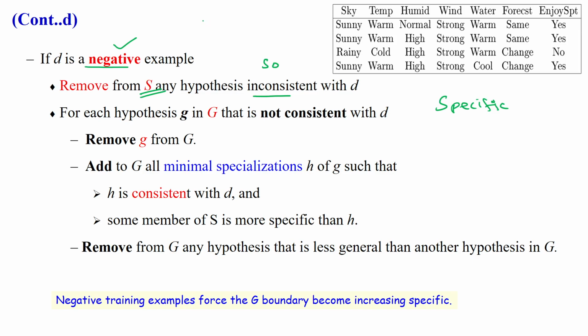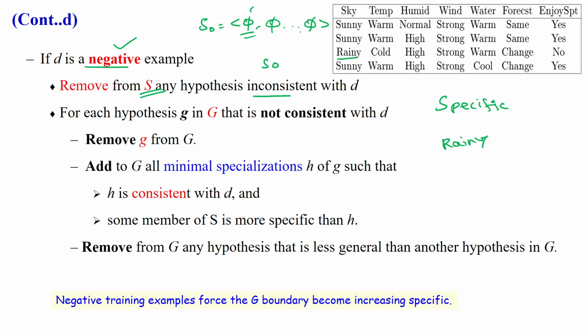Then we will check whether the given hypothesis S0 is consistent or inconsistent. Here, for example, S0 is represented with all null values, so we have to compare this with this rainy, right? Rainy is not accepted by the null value. So as per adding the minimal generalization, we have to replace null by rainy.